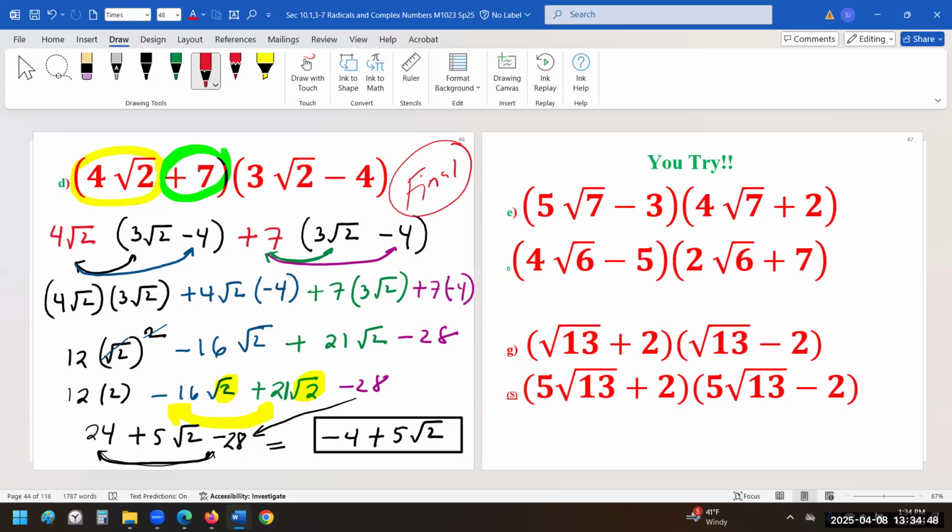The next one. 5 times 4, how many square roots? So you get 20.